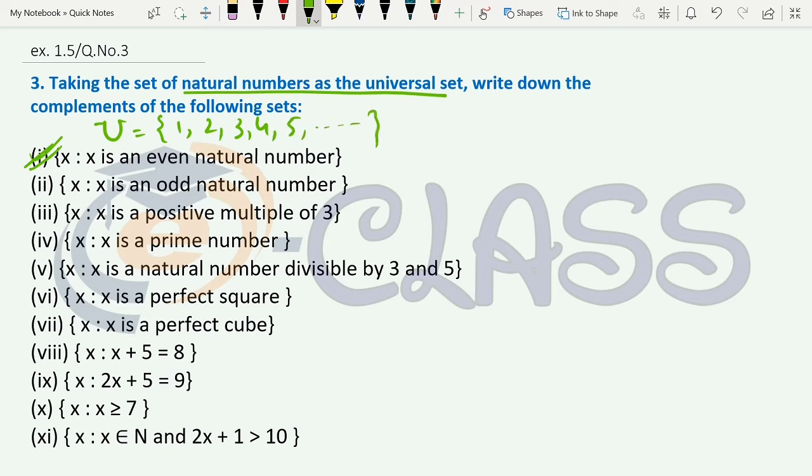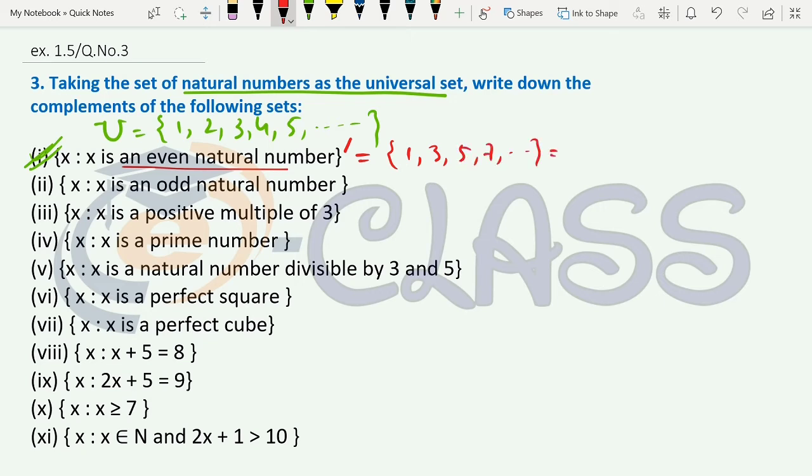So for the complement of this set, the set is X is an even natural number. So the complement of this set will be odd natural numbers, because the set is the even natural numbers, so we have to just ignore the even natural numbers, so we get the set of odd natural numbers, that is 1, 3, 5, 7.